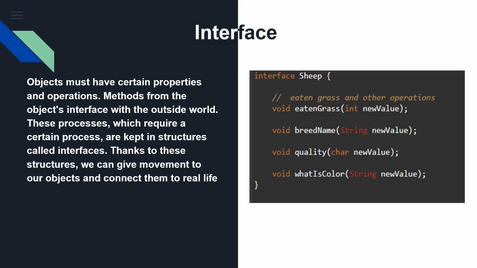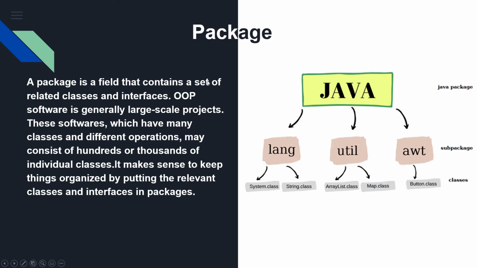So how do we collect all these building blocks like object, class, events, and interface? Let's learn package. You can have different topics in your project, so you have packages in Java and OOP. We can easily collect our work in one place according to different purposes and topics.